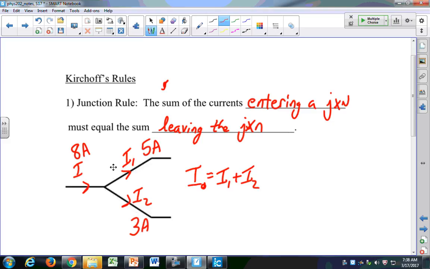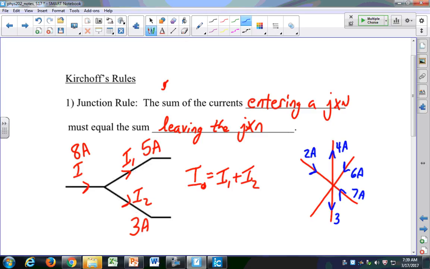You can also have multiple junctions. You can have as many junctions as you want, where I can have, say, 2 amps, 4 amps, 6 amps, 7 amps, and 3 amps. And if I want to know what is the current leaving out here, well, I would say 2 plus 6 plus 7 equals 8 plus 7 is 15.